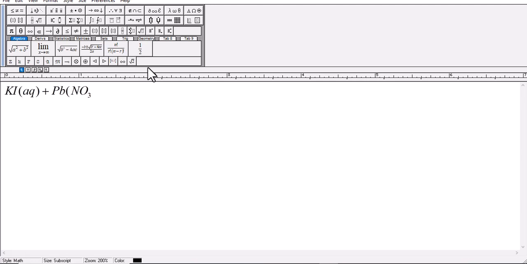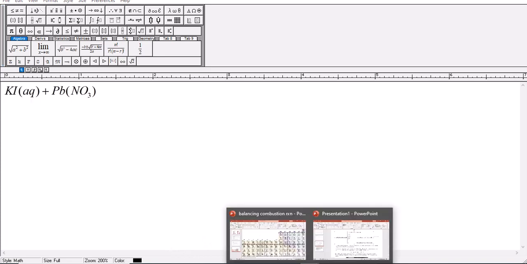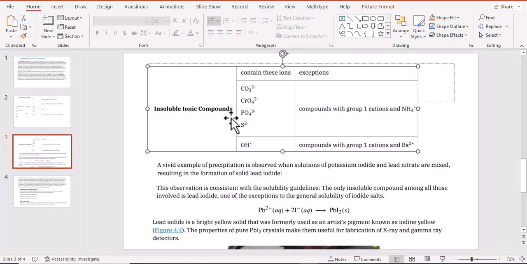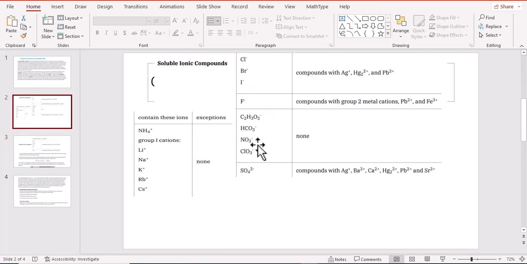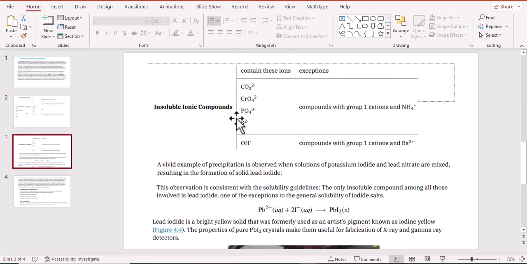And what do we know about NO3? What do we know about that? Let me take you back here. So NO3 always results in, let me show you on the table here, NO3, where is it? Let me check here.